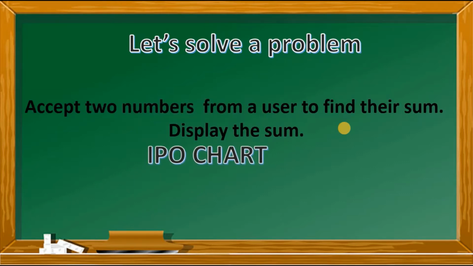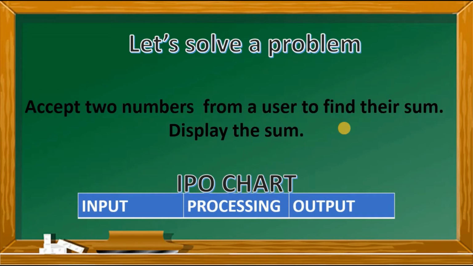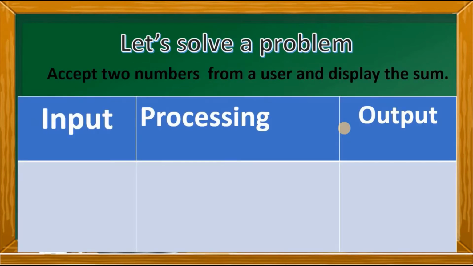The IPO chart represents three of the functions of the computer system. The I stands for input, P stands for processing, and finally the O stands for output. We will separate this problem into the different categories based on identifying the input, processing, and output stages.